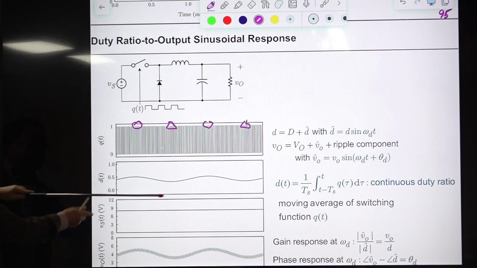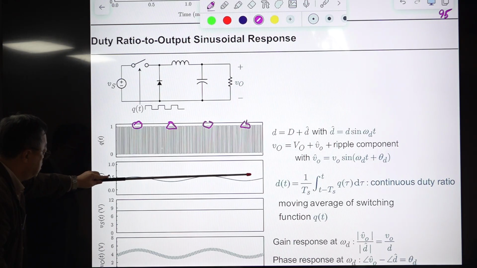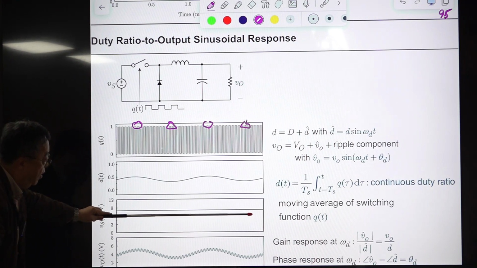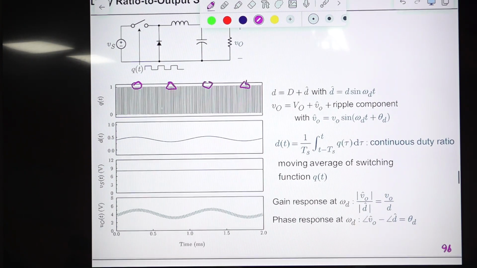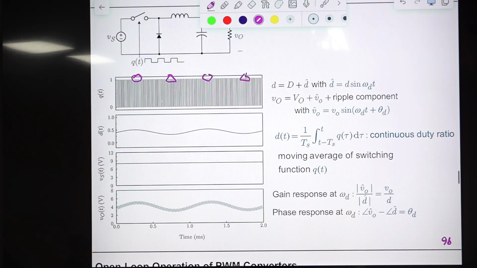Then this value is now changing. Vs remains the same, but still you have this kind of waveform for the same reason as the previous case. So we have two different cases.